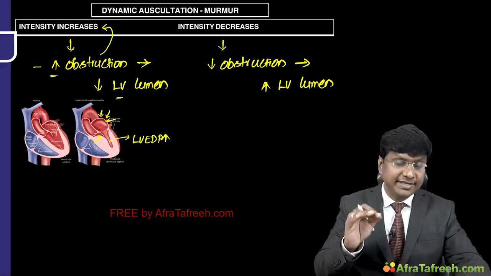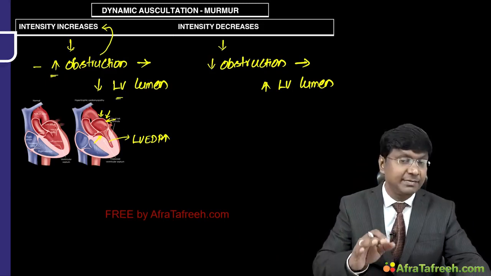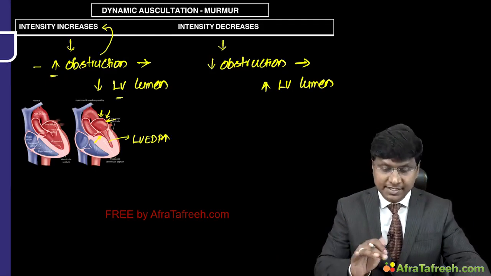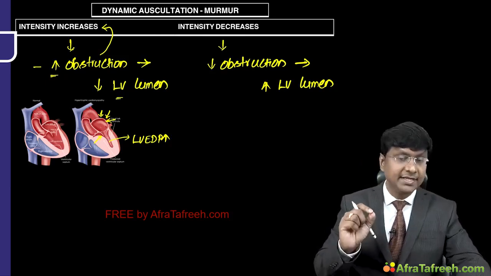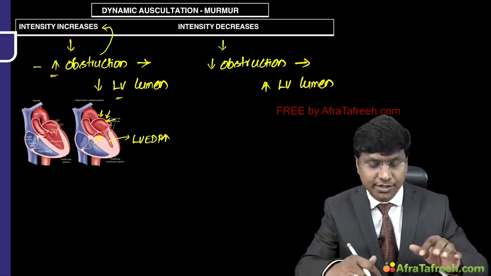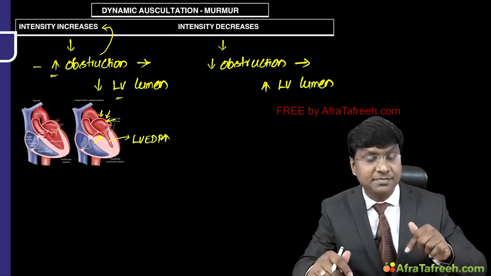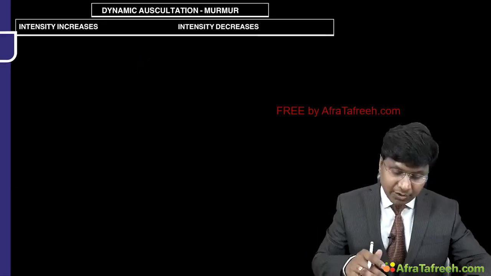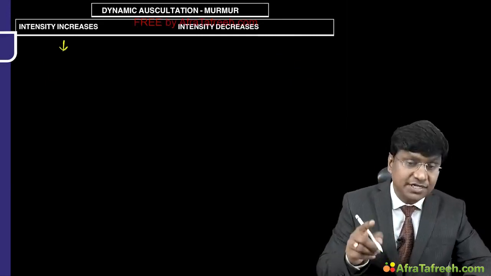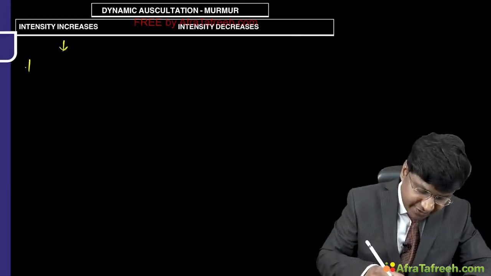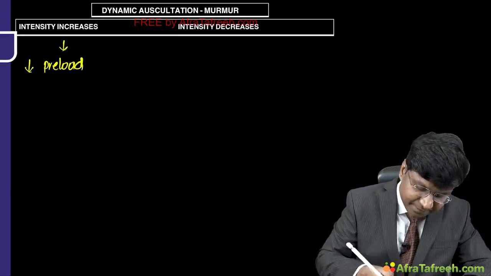Now, let me tell you the maneuvers or conditions where the murmur increases and decreases, depending upon the concept we have discussed. Take the conditions where the murmur increases. In order to increase the murmur, the obstruction should increase. The obstruction increases whenever there is decreased preload to the left ventricle, right?